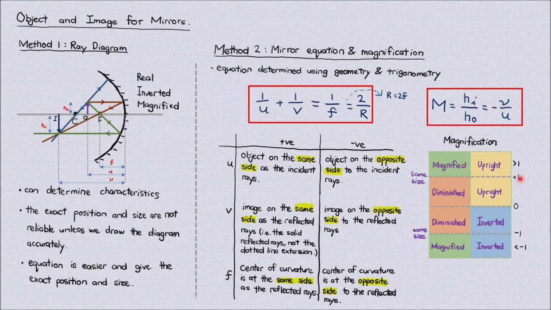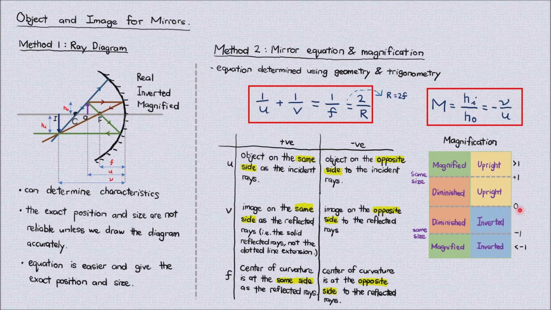If it's between 0 and 1, then it'll be 0 point something, which is a fraction where the upper part is smaller than the lower part. Let's say 0.8, which is 8 over 10. 8 is smaller, 10 is larger. So h object will be larger than h image if your magnification is within 0 and 1.